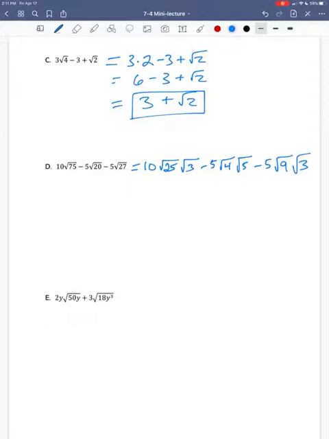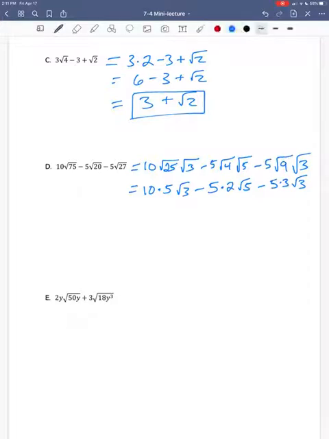Okay, so I take the square roots I can. And all I've done here is I've said the square root of 25 is 5, the square root of 4 is 2, and the square root of 9 is 3.